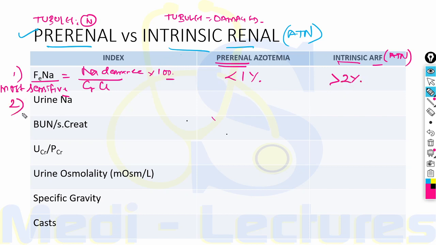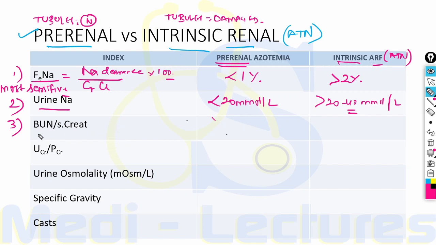When we see the absolute values of urine sodium, it will be less than 20 millimole per liter in pre-renal and more than 20 to 40 millimole per liter in cases of ATN, specifically 40. Now since pre-renal have normal tubules, there will be tubular secretion of creatinine in pre-renal, but no tubular secretion will occur in intrinsic ARF due to ATN.